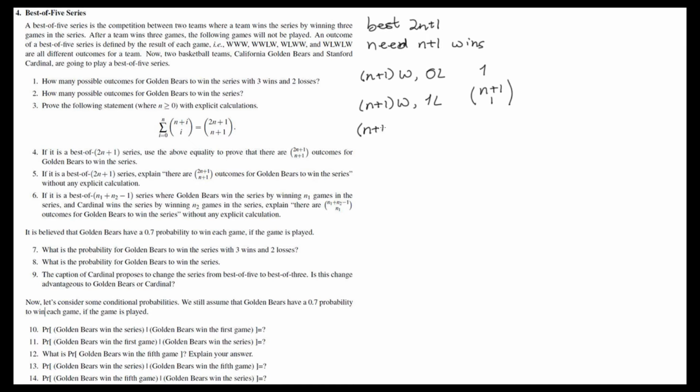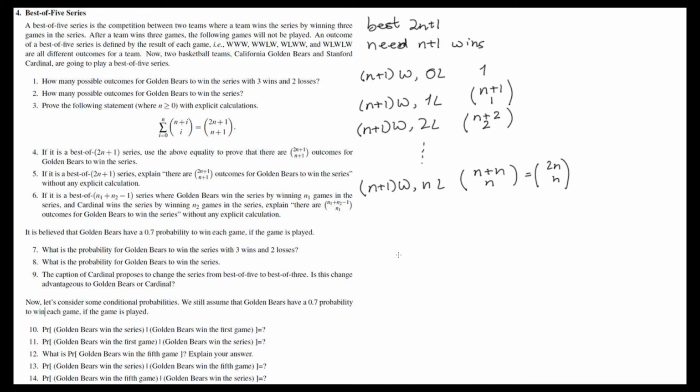We can also have n+1 wins and 2 losses. In this case, we have n+2 choose 2 such outcomes. And this goes on all the way until we have n+1 wins and n losses, in which case we have n+n choose n, which is 2n choose n outcomes.